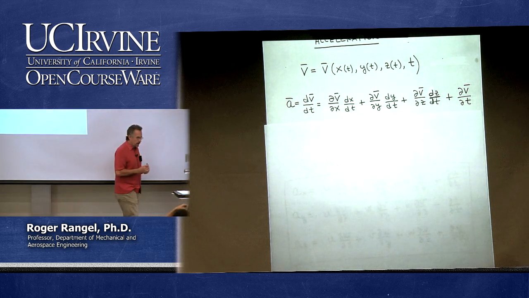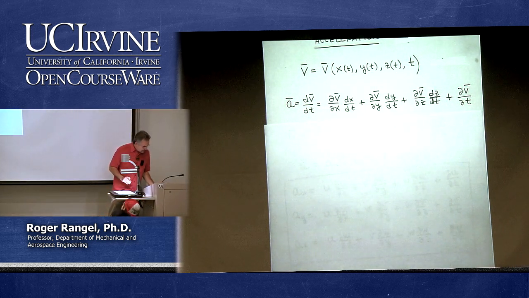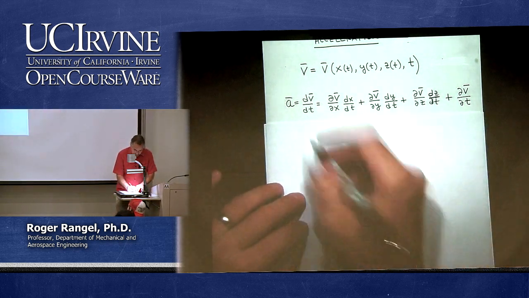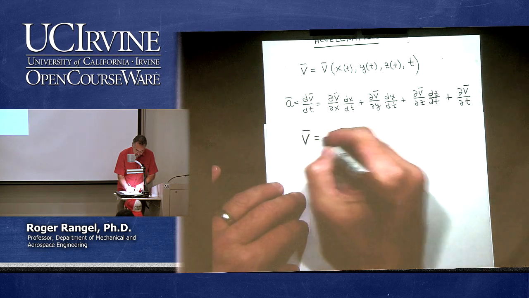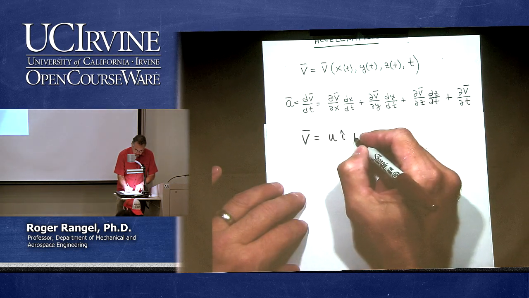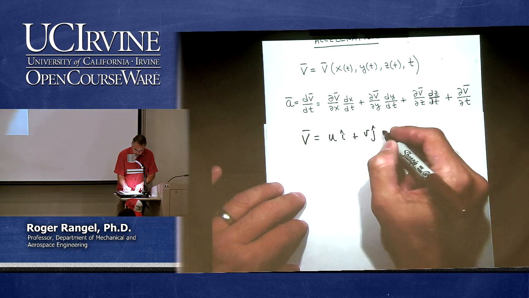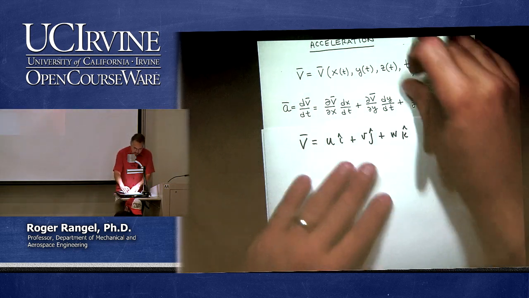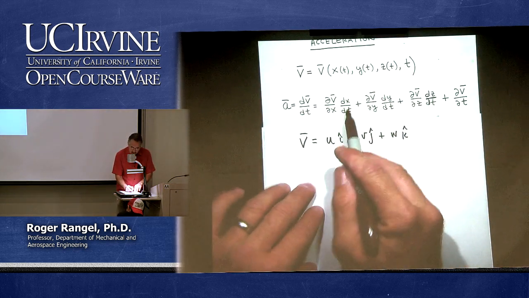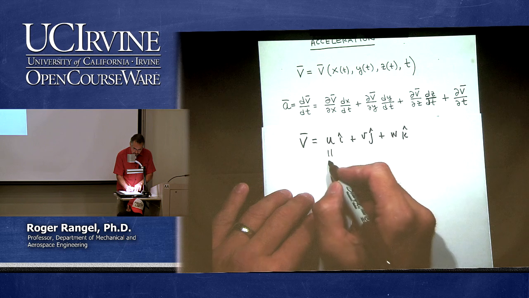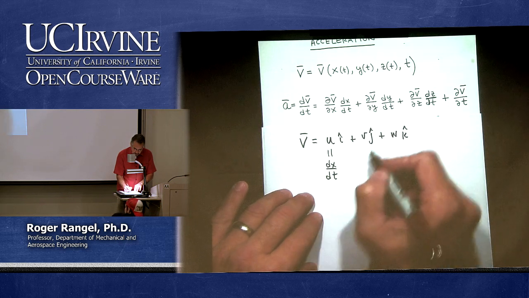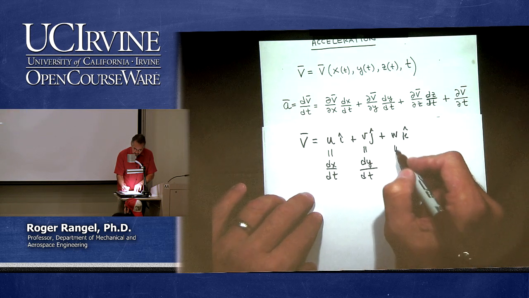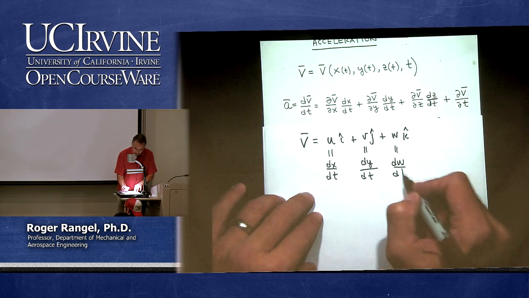Is the velocity component. Remember, we said last time that we would write the velocity as having components in the x, y, and z directions. So it turns out that that's precisely what I have here, right? Because this one is dx dt, this one is dy dt, and this one is dz dt.